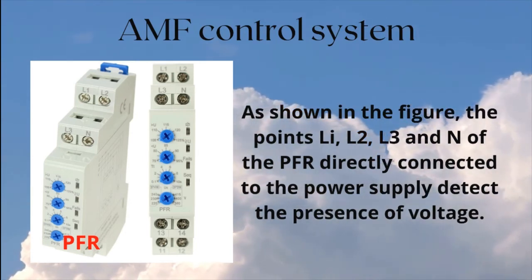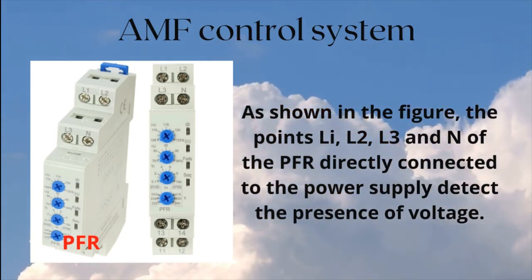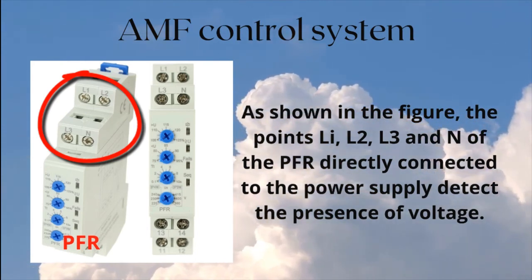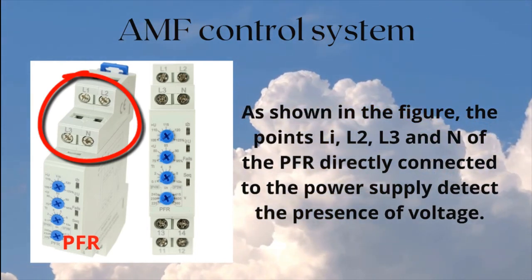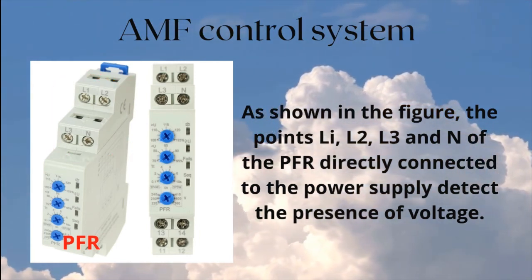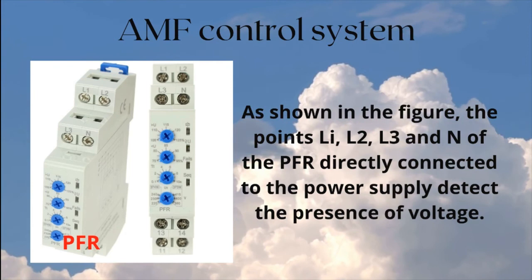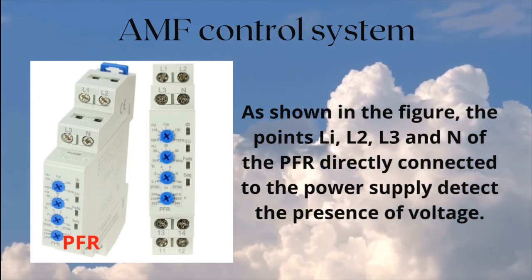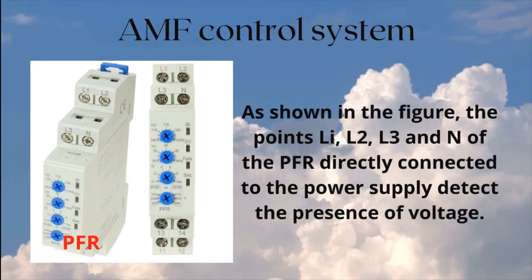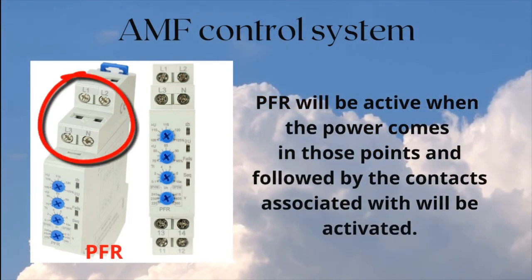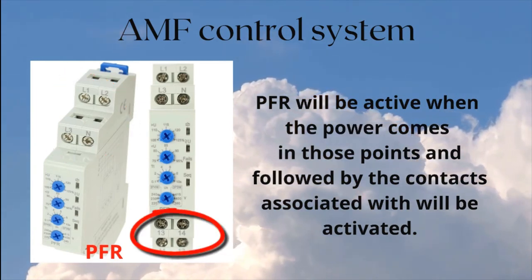As shown in the figure, the points L1, L2, L3, and N of the PFR, directly connected to the power supply, detect the presence of voltage. PFR will be active when the power comes in those points, followed by the contacts associated with it being activated.